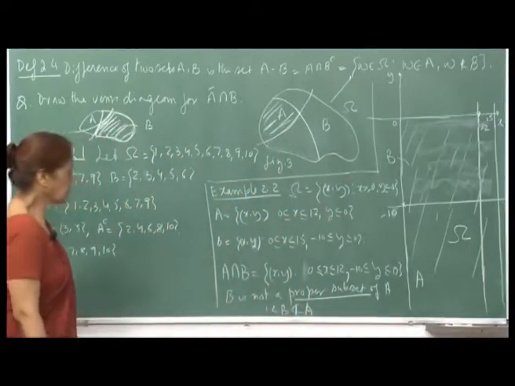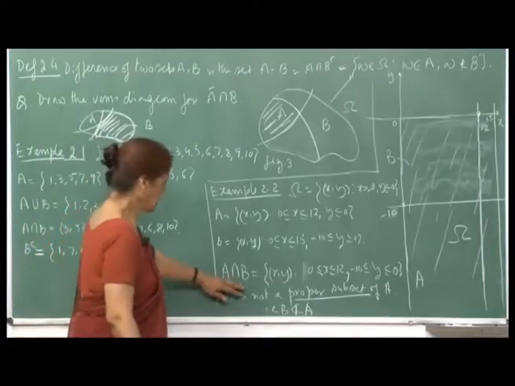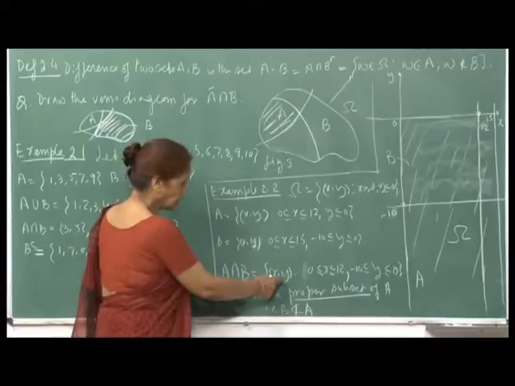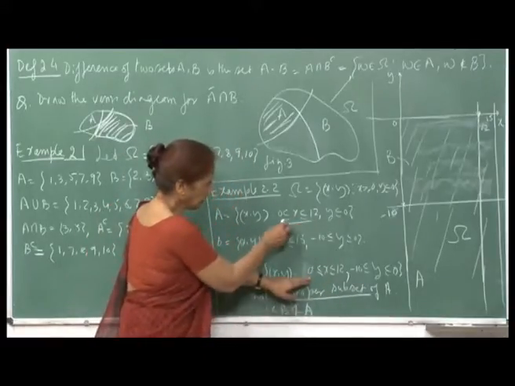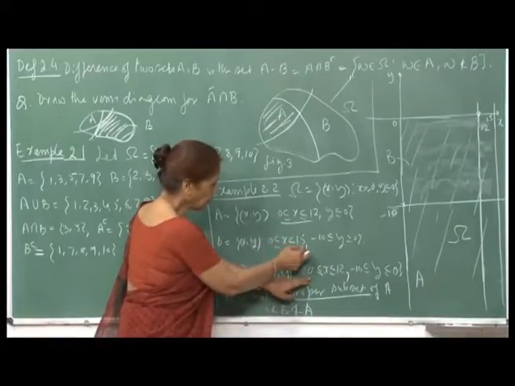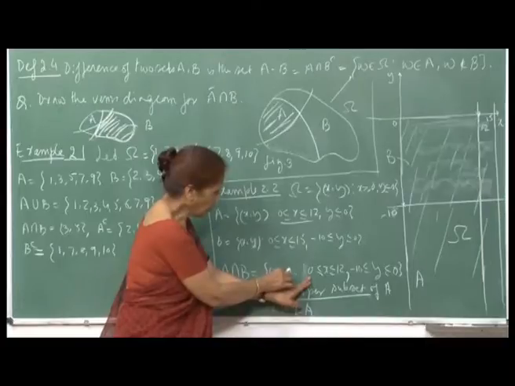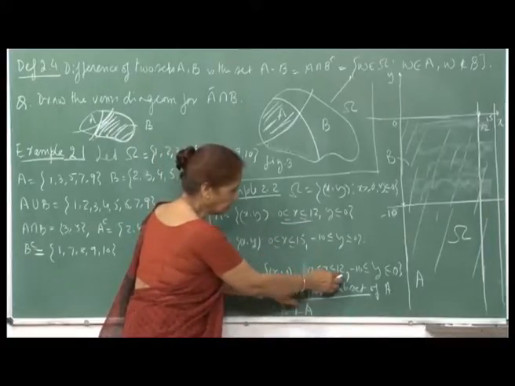Now, you see that if you want to write A intersection B, then this will be all points (x, y) such that, because in A x is between 0 and 12 and in B it is between 0 and 15, when you want to take all common points in A and B, x will be between 0 and 12.